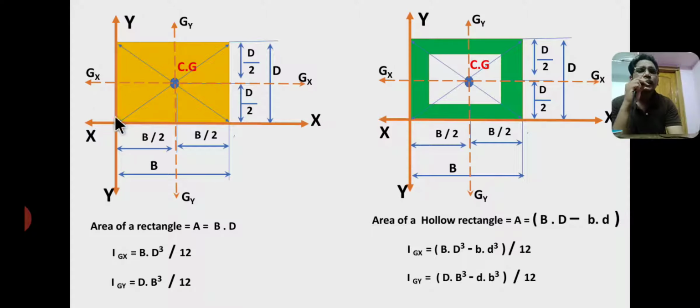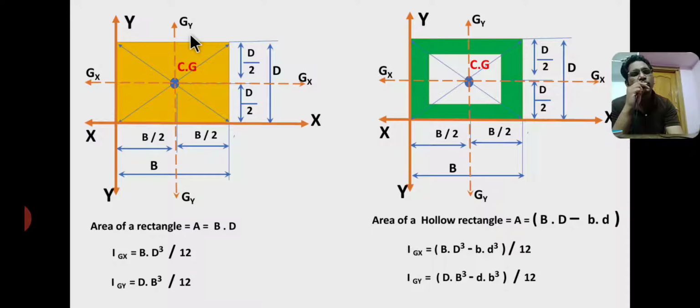For a solid rectangle, the area moment of inertia about the centroidal x-axis, that is IGX, equals B D cube by 12: base B into depth D to the power 3, divided by 12.